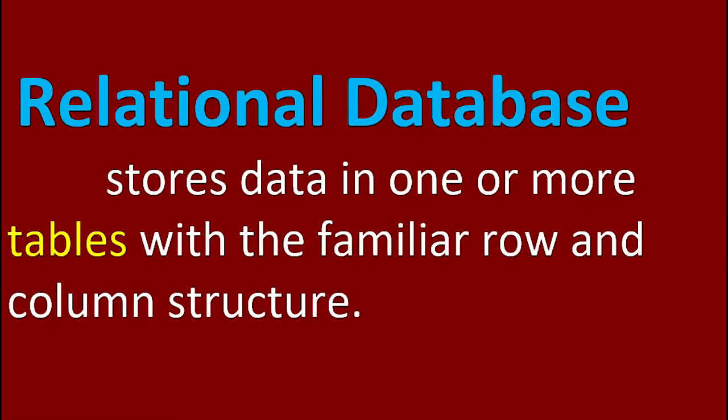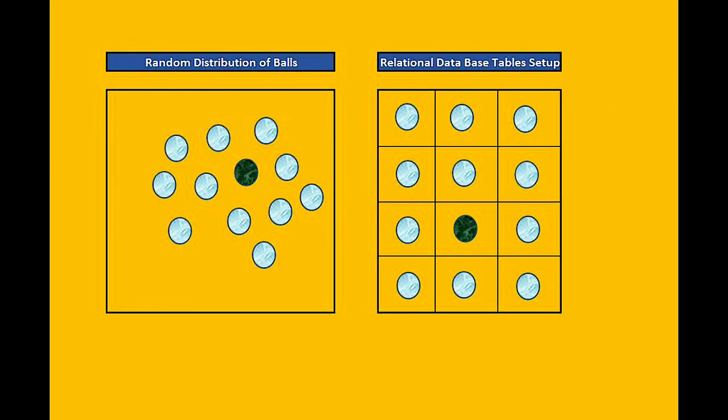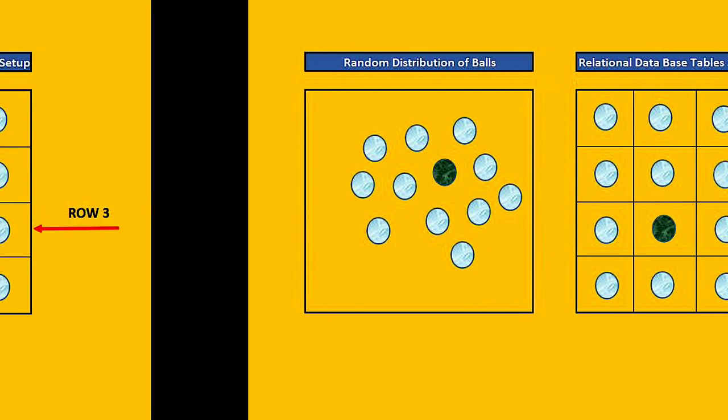Let's discuss relational database. A relational database stores data in tables in a column and row structure, which makes it easy to find a data point. For example, we have 11 blue and 1 green ball. If we need to find the green ball in a random setting, it will be difficult to address the position of the ball.